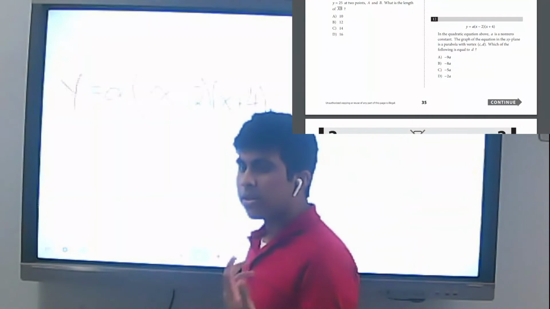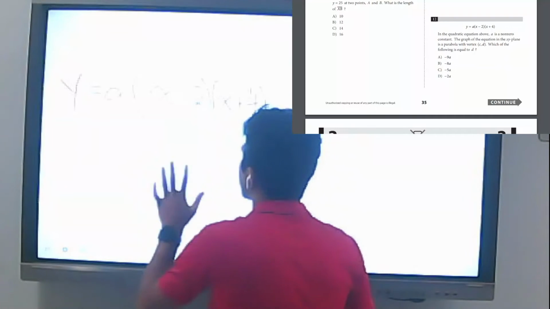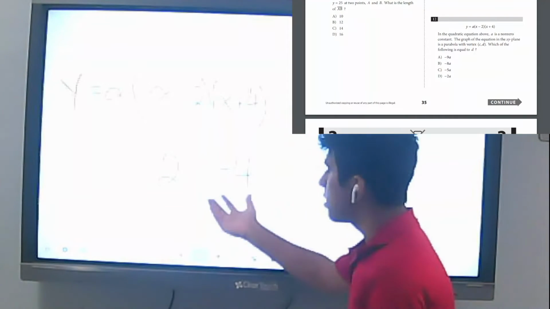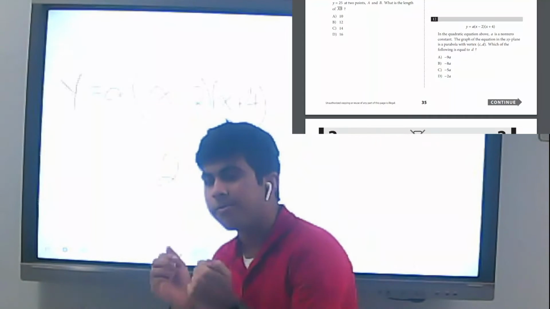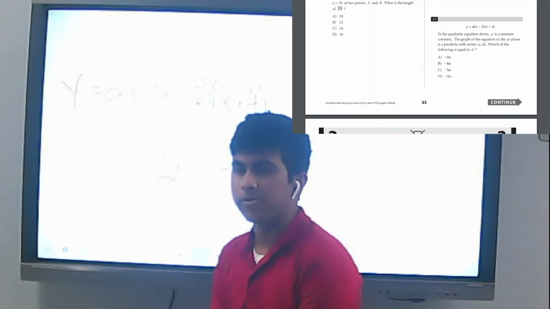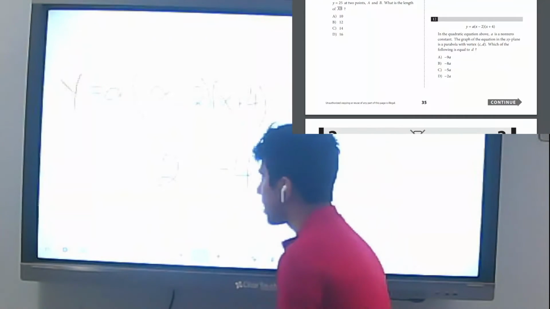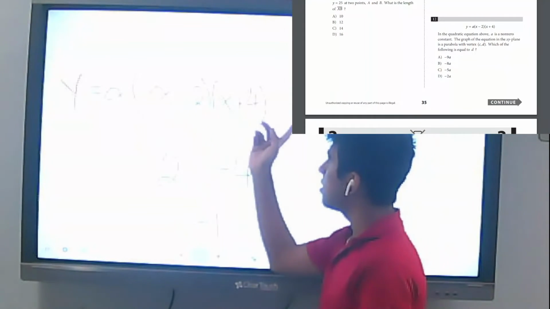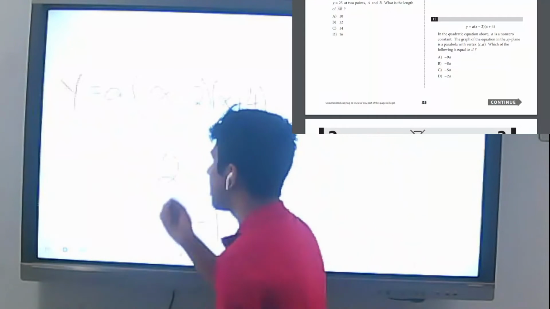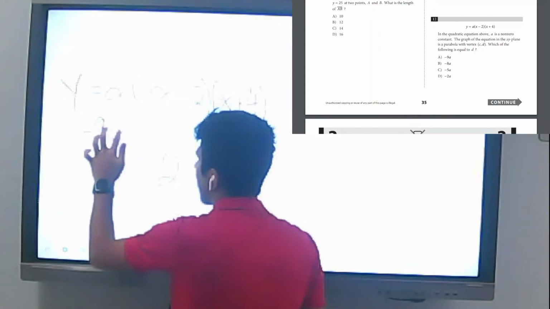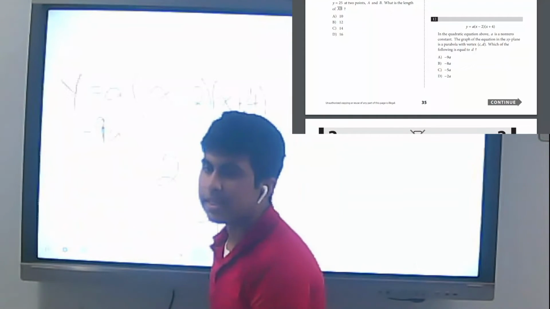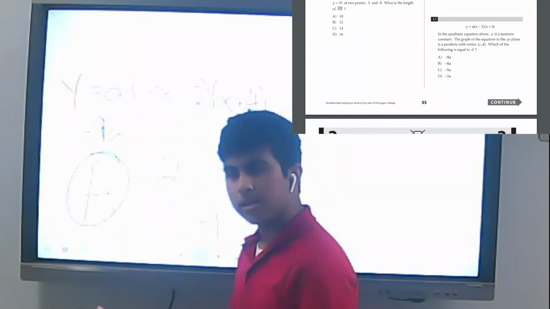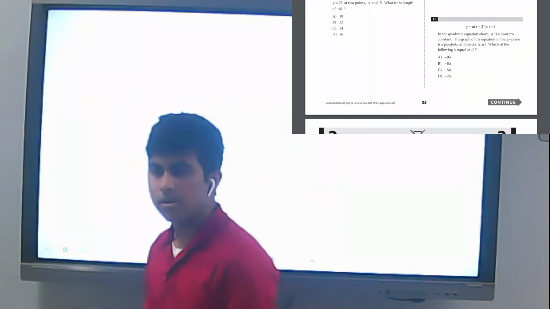So the two roots of the equation are 2 and negative 4. If you plug these in, y is 0. Those are the roots. And the vertex is always going to be right in the middle of the roots. So right in the middle of 2 and negative 4 is negative 1. So if I plug in negative 1 into this, I get negative 3 times 3. That's going to be negative 9. So y equals negative 9a at the vertex. So that's going to be d. So our answer is choice A, negative 9a. Let's keep going to the next question. Okay.